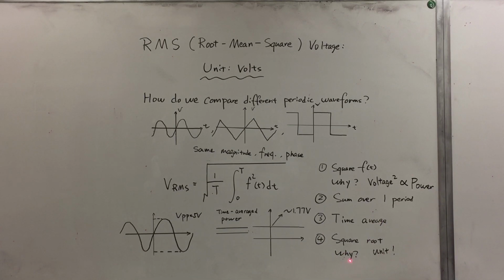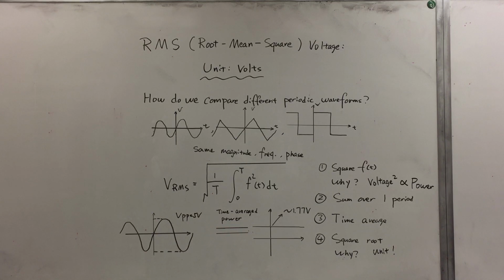Why do we do that? Because remember, the first thing we do is we square a voltage. But at the end, we want the unit to still be in volts, because we're talking about the voltage reading. So we want to bring that unit from power back to volts. That's why we're doing a square root in the end.